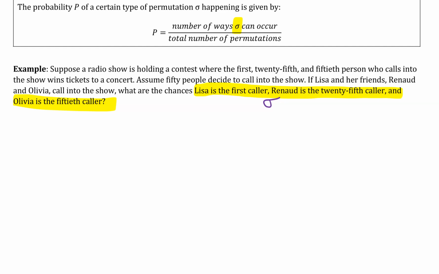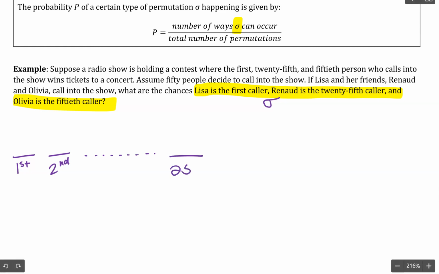In order to visualize this, I like to draw out the spaces and determine how many options there are. So here is the first caller, here's the second caller, and then since there are 50 of these, we're not going to write down all of them, but then there's the 25th, and then there's some more, and then we have the 50th caller.